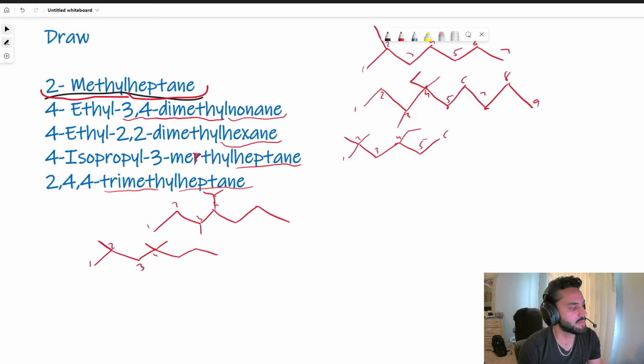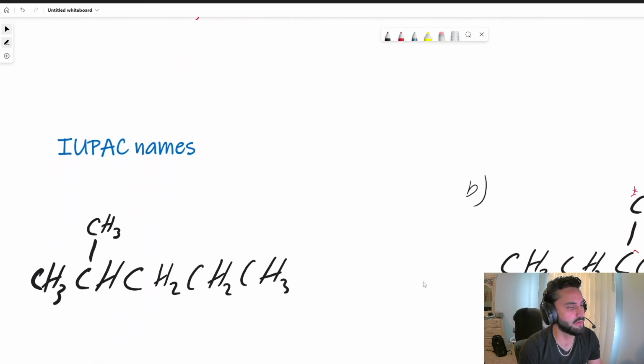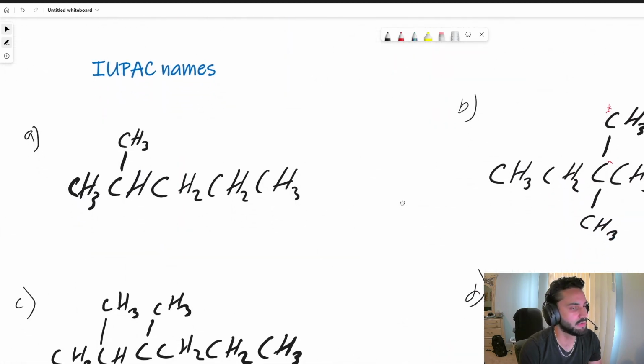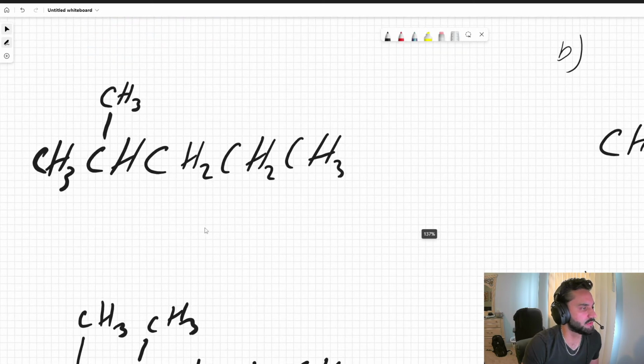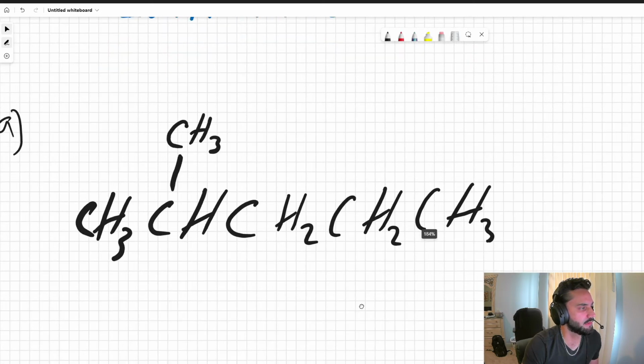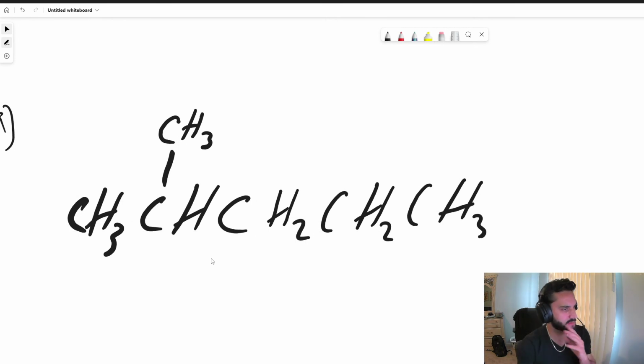All right, guys, let's move on to actually start naming them from looking at the compounds. Let's start with A. If you're given a compound like this, usually what you want to do is look for the longest carbon chain first. I would like to go from the left here because there's a methyl substituent right next to it, so it would give us the lowest number.